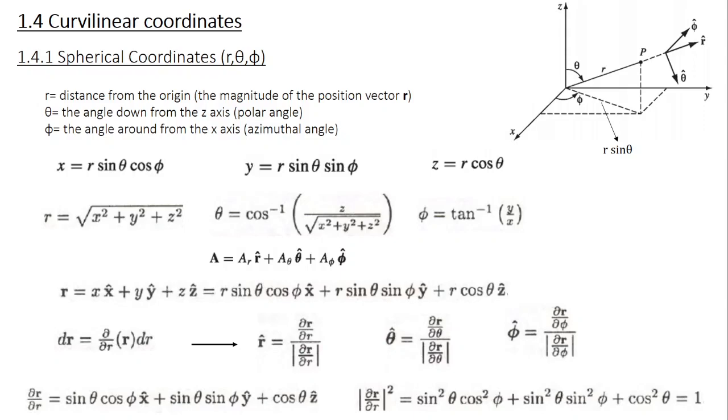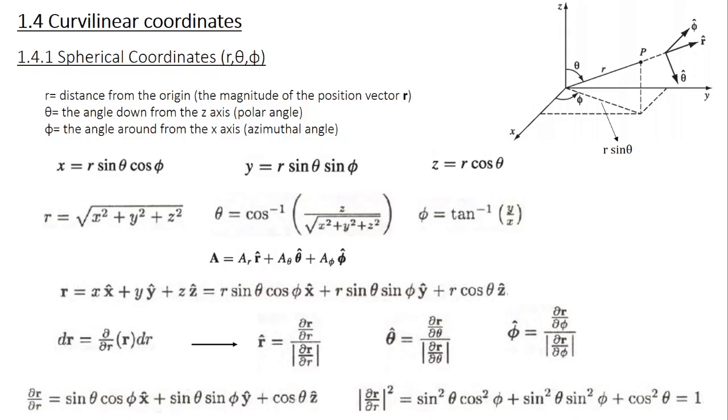So we have discussed the Cartesian coordinate system. Now, if you have a spherical symmetry, for example, you are talking about charges on a spherical shell, you have a spherical symmetry here. In that case, you can choose a curvilinear coordinate system, which is known as spherical polar coordinates or simply spherical coordinates.